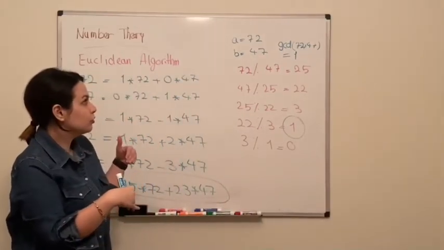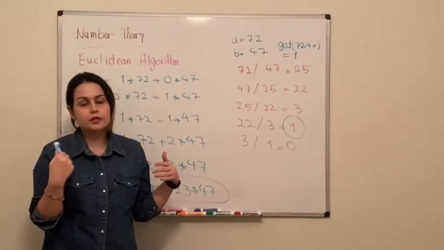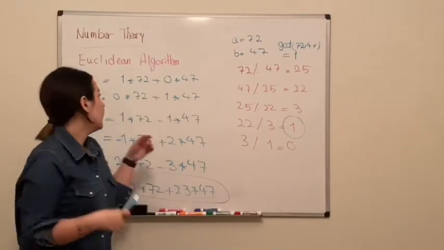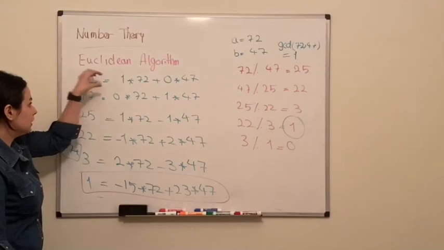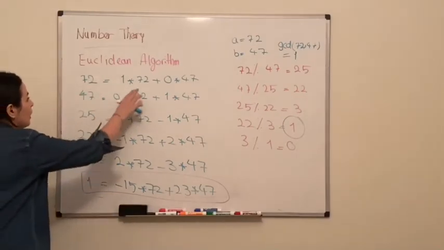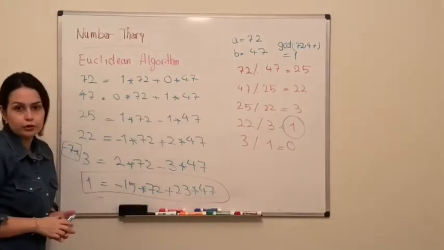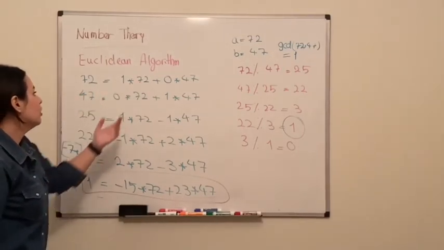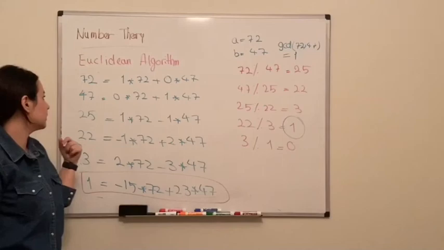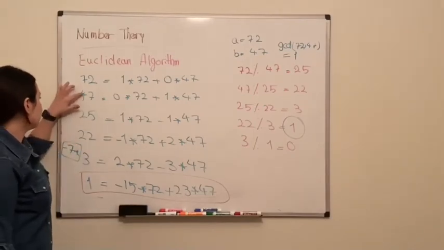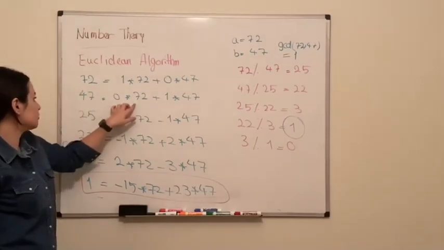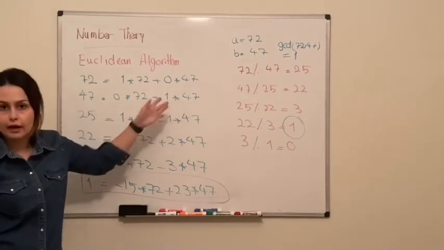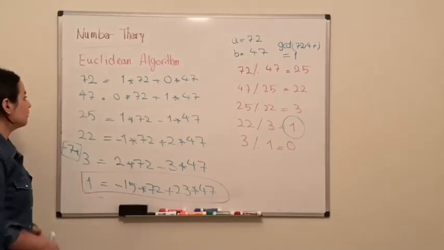Now I want to follow what we did for 72 and 46 and write it in linear combination form of 72 and 47. Well, 72 is equal to 1 times 72 plus 0 times 47, and then 47 is 0 times 72 and 1 times 47.